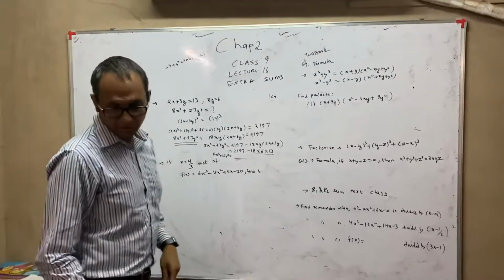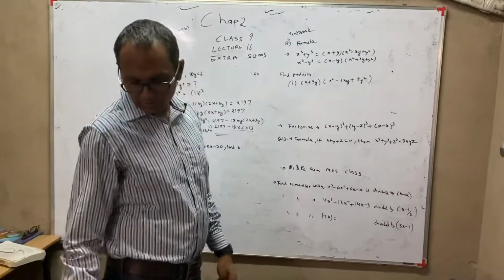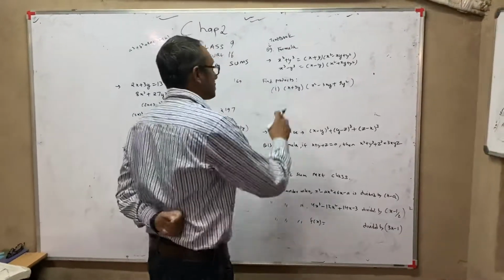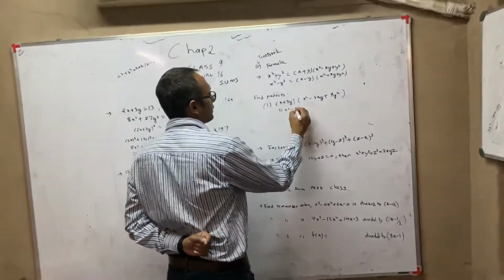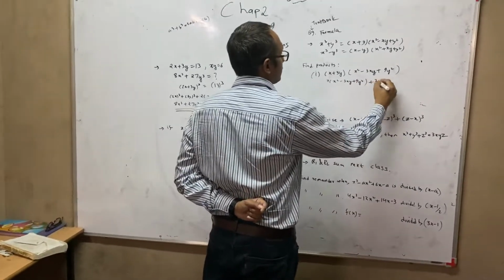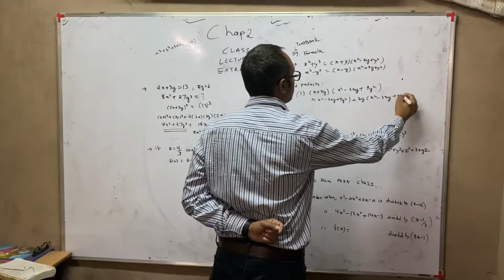Okay. Now the next question is, I will do one part and the second part you will do on your own. Now question is find products. So suppose we do it normally, like x into x square minus 3xy plus 9y square, and then plus 3y into x square minus 3xy plus 9y square.